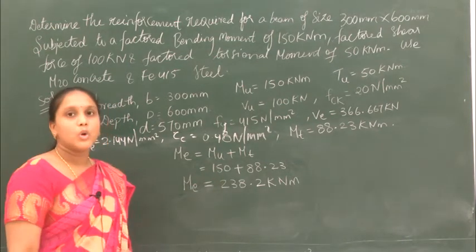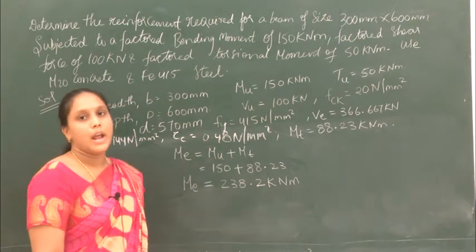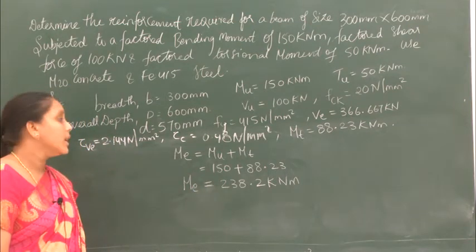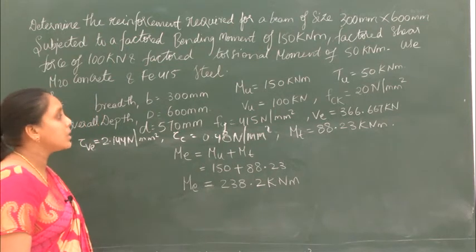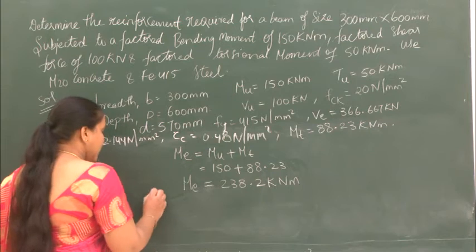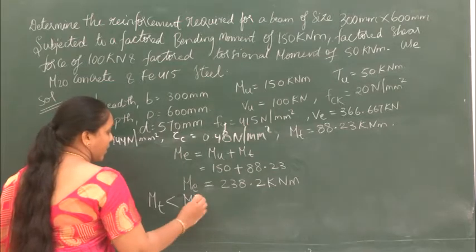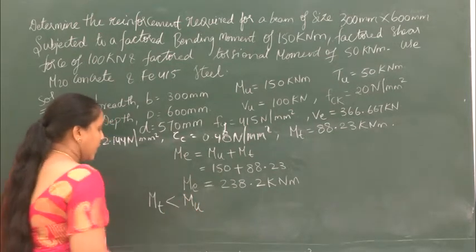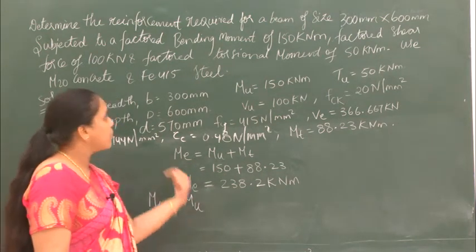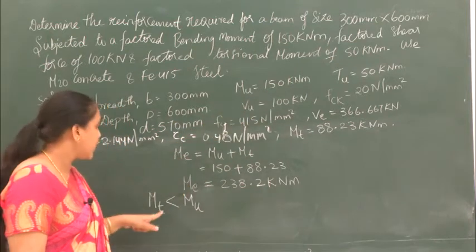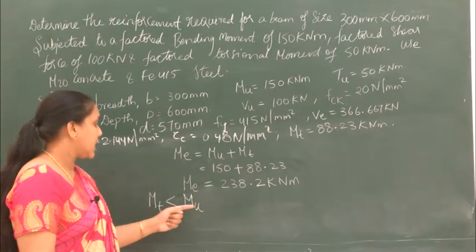So now we have to compare MU and MT. If you compare MU and MT, we can observe that MT, that is the torsional bending moment, is less than MU. MU is 150 kilonewton meter and MT is 88.23 kilonewton meter. So here MT is less than MU.